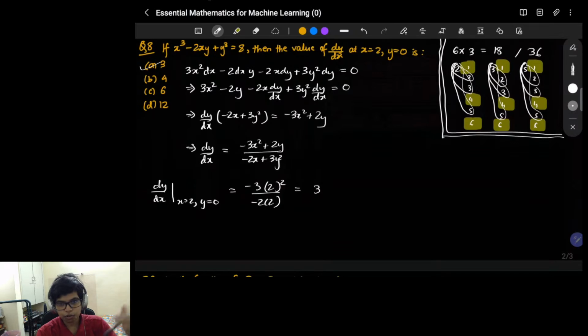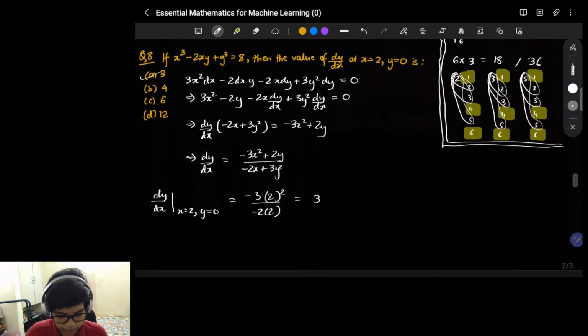You should wait, first find out the complete expression for your differential that you want to find out, and then you should put the value. So this is like we want to find out the value of dy by dx at some particular coordinate. You don't want to put the coordinate first and then try to see what is happening. So in that sense, the correct method would be to first find out this dy by dx and then put the value.